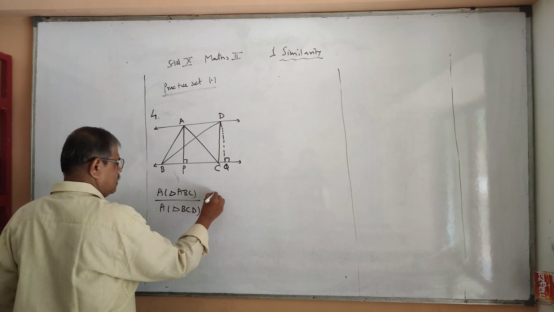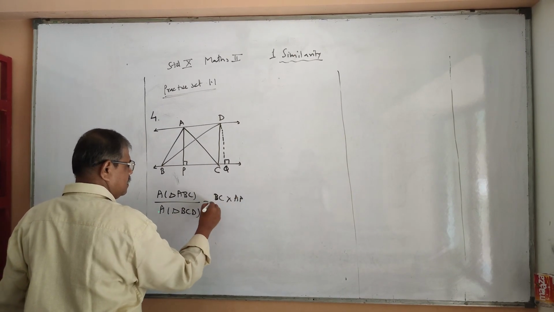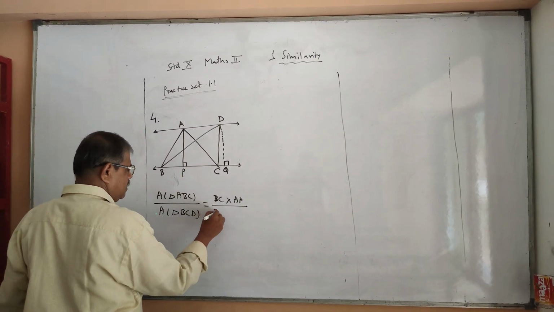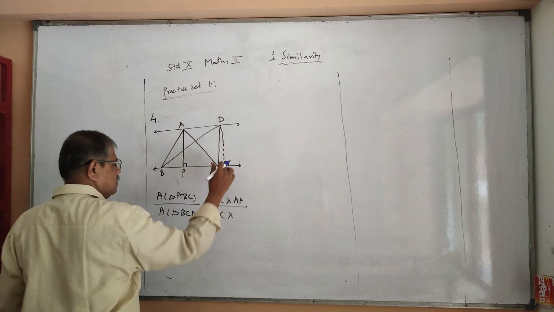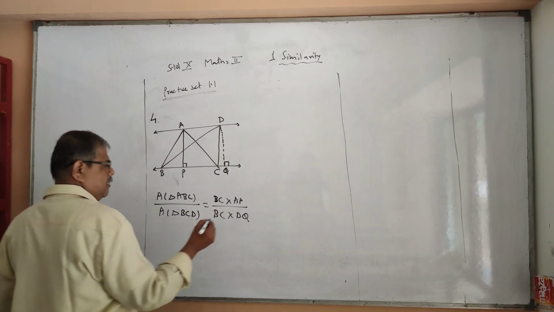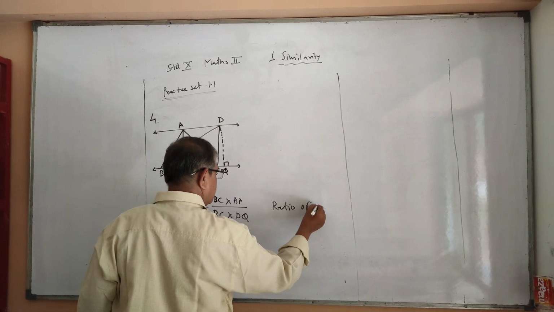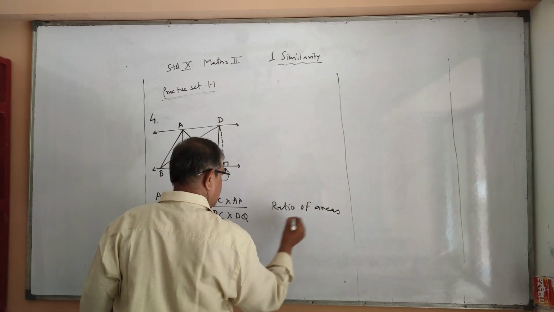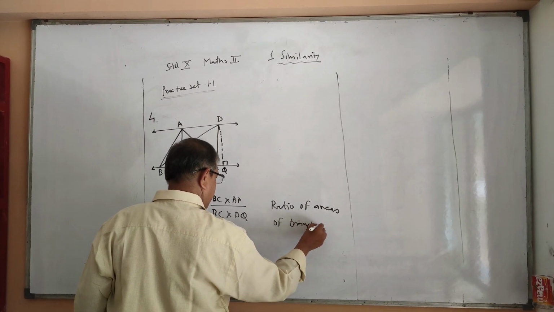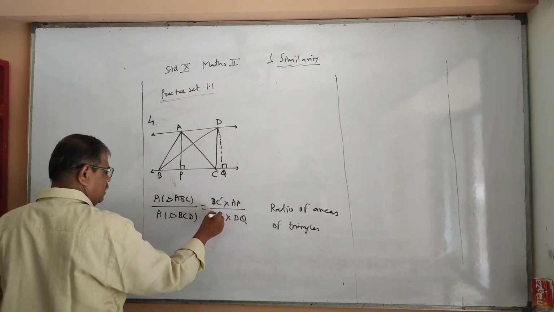BC. What is the height of triangle ABC? AP. What is the base of triangle BCD? BC. And what is the height? DQ. Reason: ratio of areas of triangles. Now, BC will get cancelled.